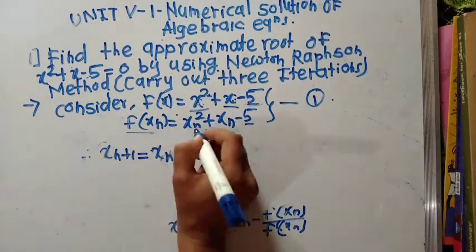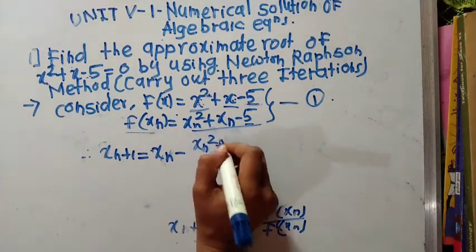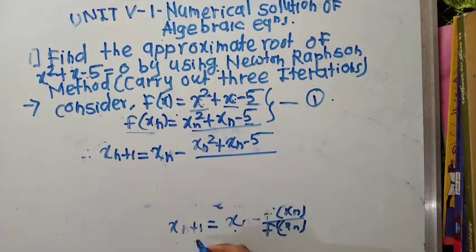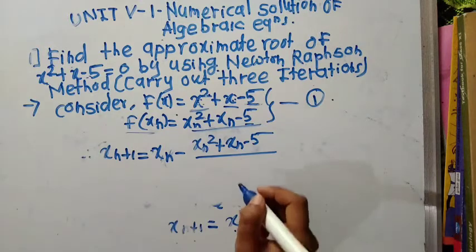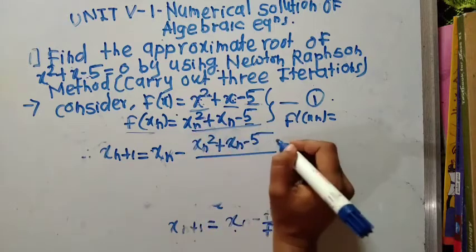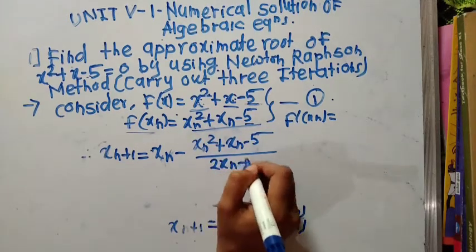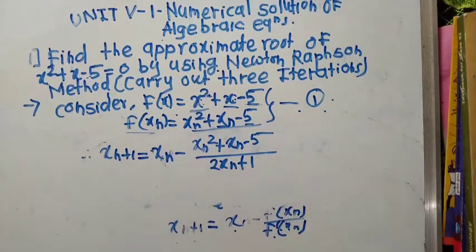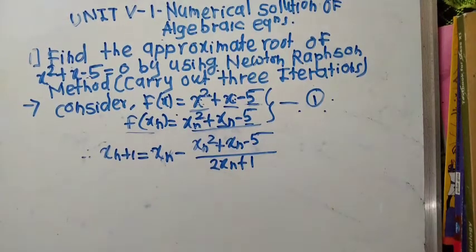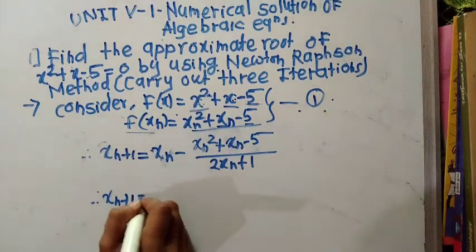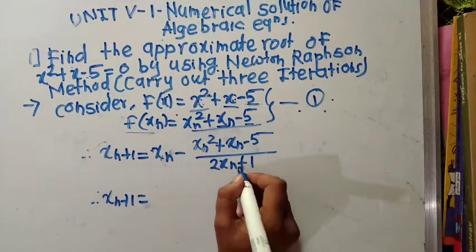Now f of xn is xn square plus xn minus 5, divided by f dash of xn. Here we found f dash of xn, the derivative, is 2xn plus 1. Put this value in it. Then hence xn plus 1, simplify this equation.